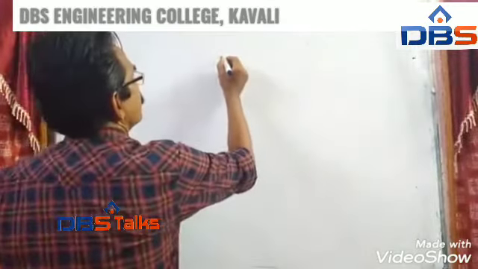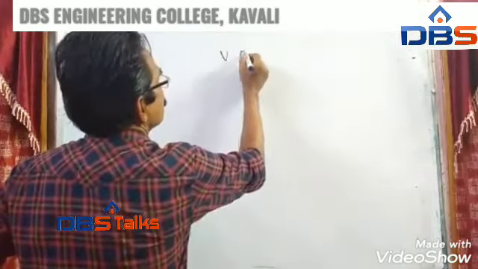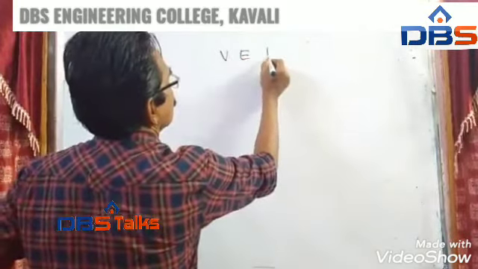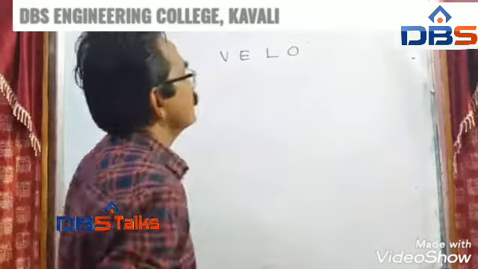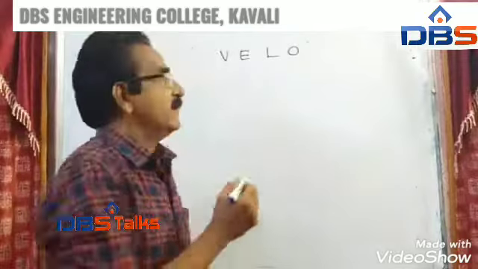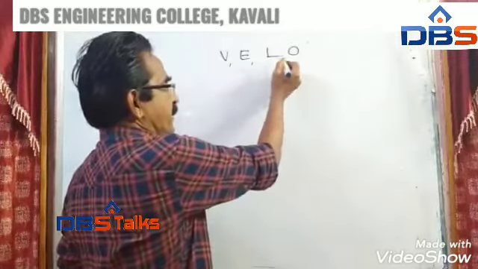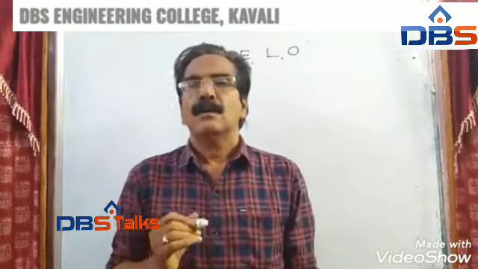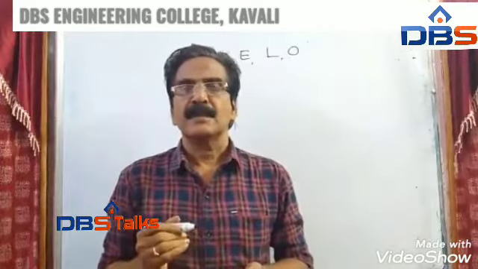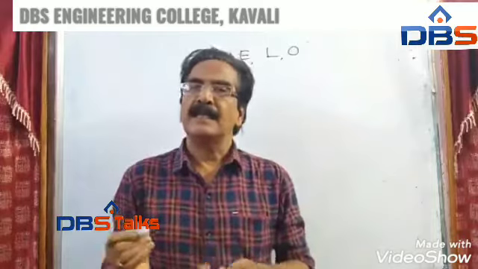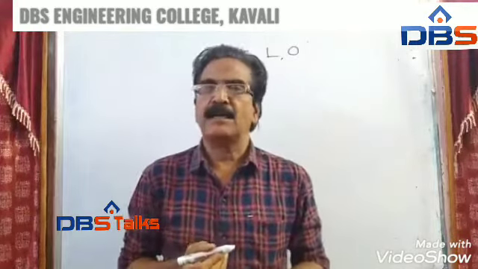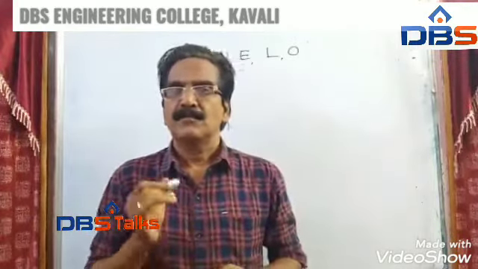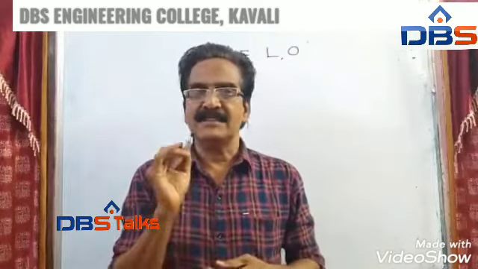See, if the letters B-E-L-O are permuted in all possible ways and then arranged in dictionary order, what will be the 10th word?